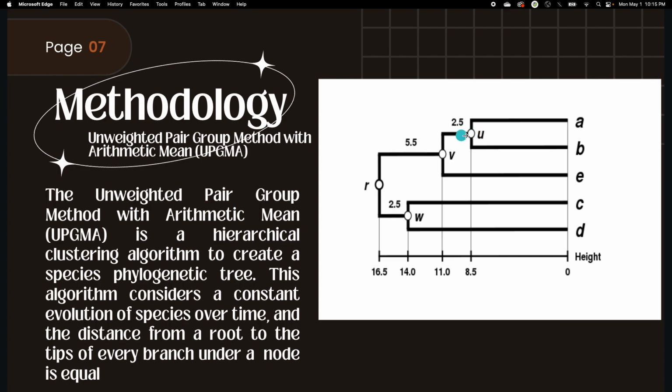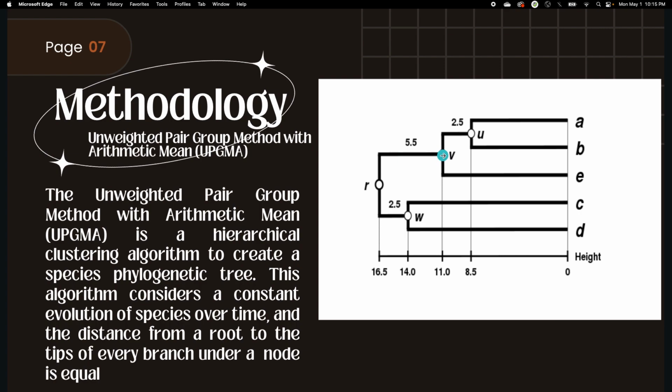After assigning a branch length to this node, from this node it calculates all the distances from E, C and D, and found that E has the smallest distance among them, and the total distance 22 is divided by 2, and it is 11. So the distance from this node to E would be 11, and the distance from V to this node will be 11, but it already has 8.5 in it, so it adds another 2.5 to make it 11. So that's how the total algorithm works.